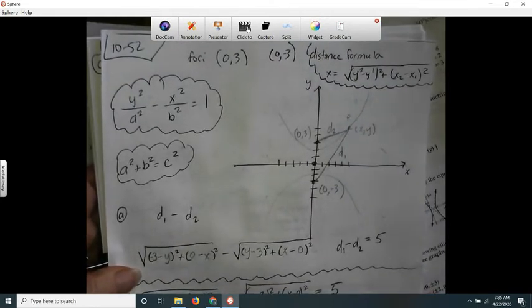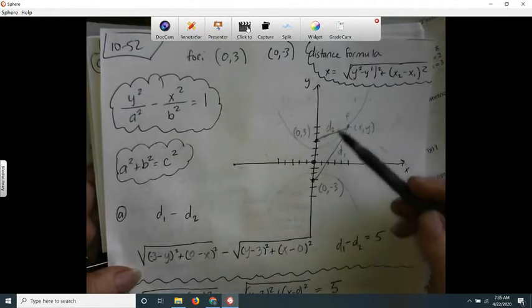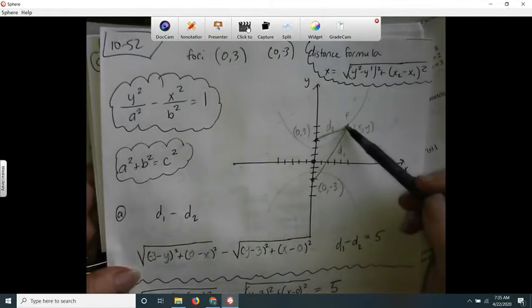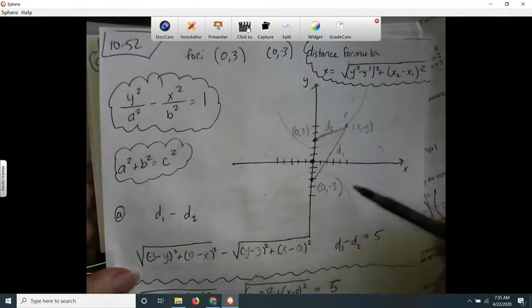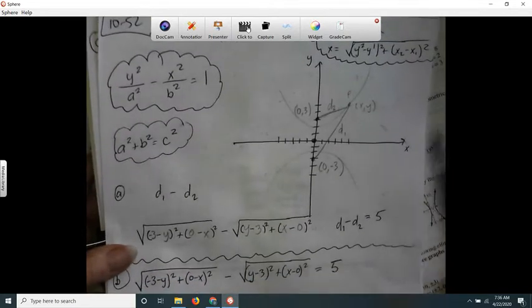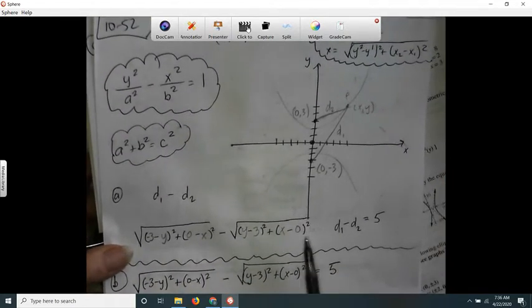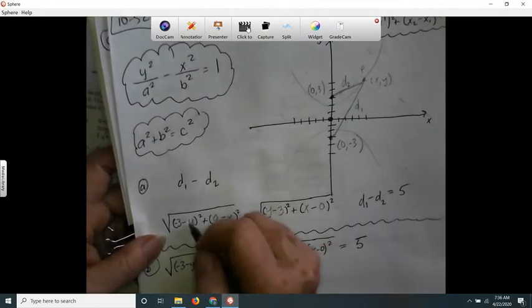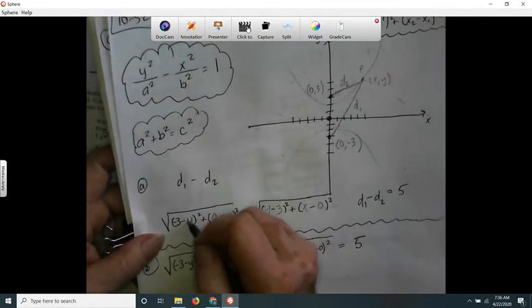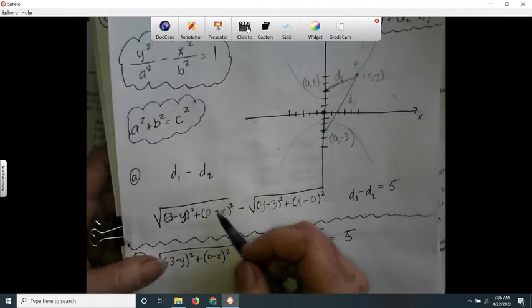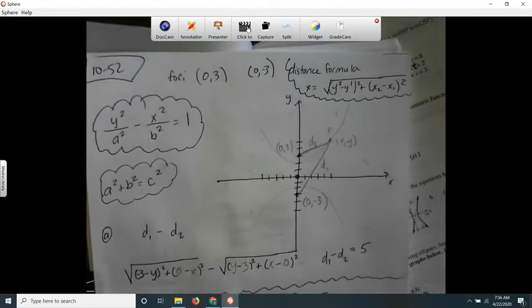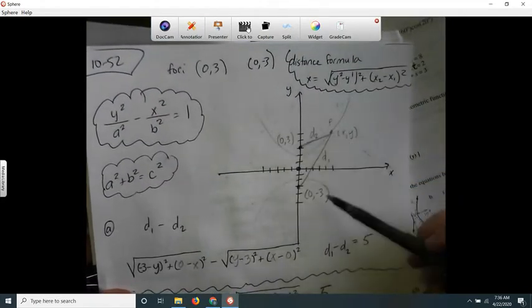I called this one D1. I didn't have to put my point P there; I could have put it somewhere else on the hyperbola. So I wrote down my empty distance formula, and then I fill it in. You can see in pencil where I filled it in, using the ordered pairs.